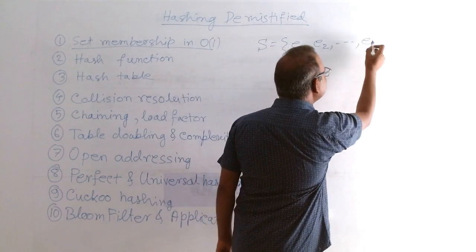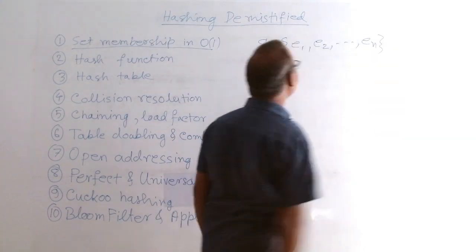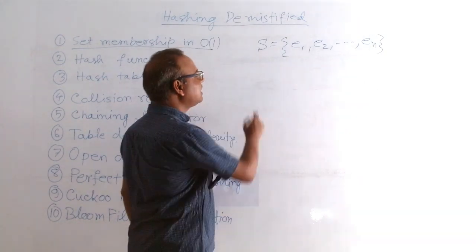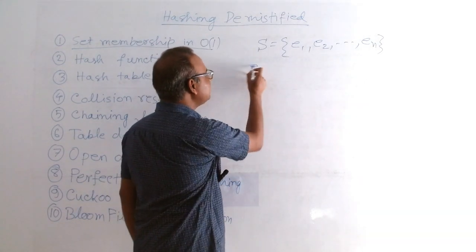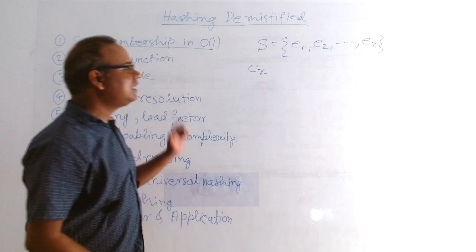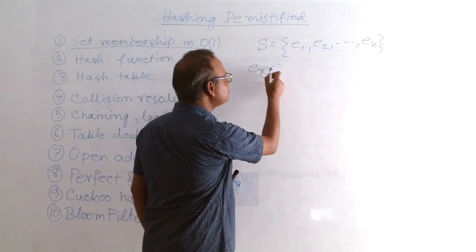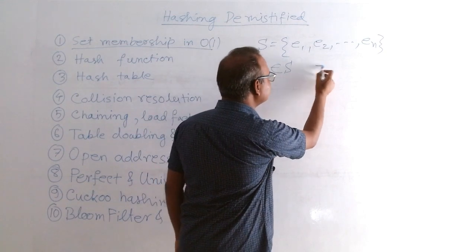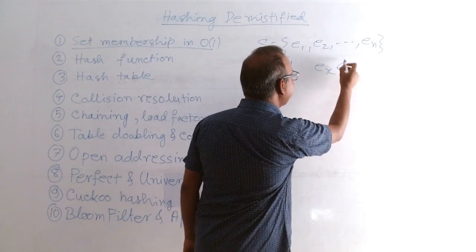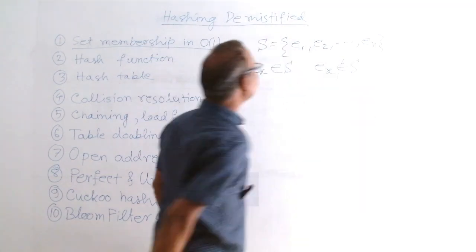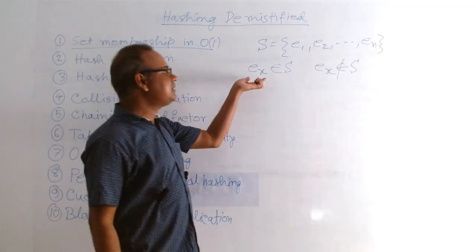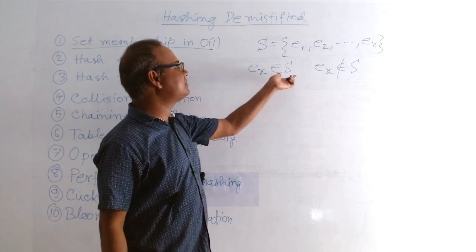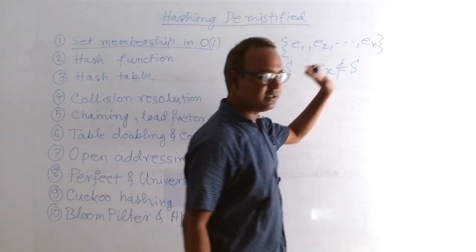Let's say there are n elements inside a set, and there is a query element, let's say ex, and we have to say whether ex belongs to S or not. So the query is: given an arbitrary element ex, we have to say whether ex is present in S or not present.